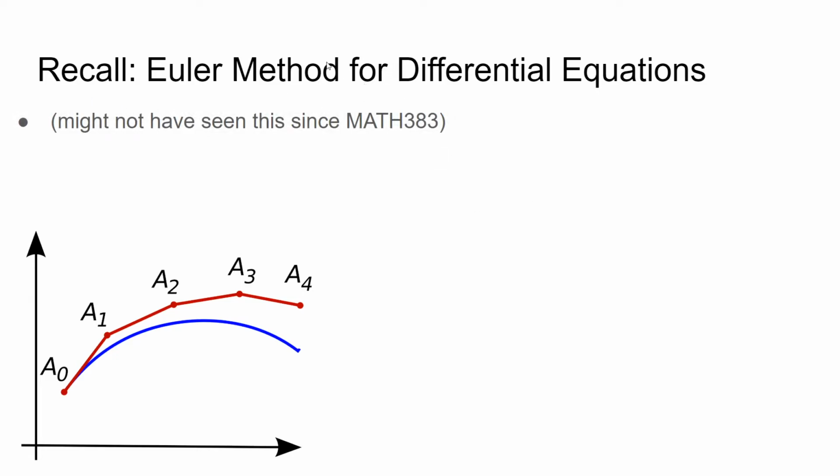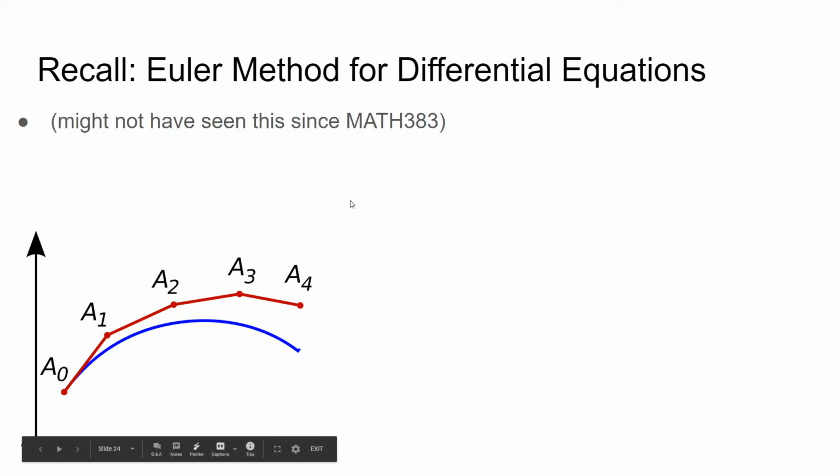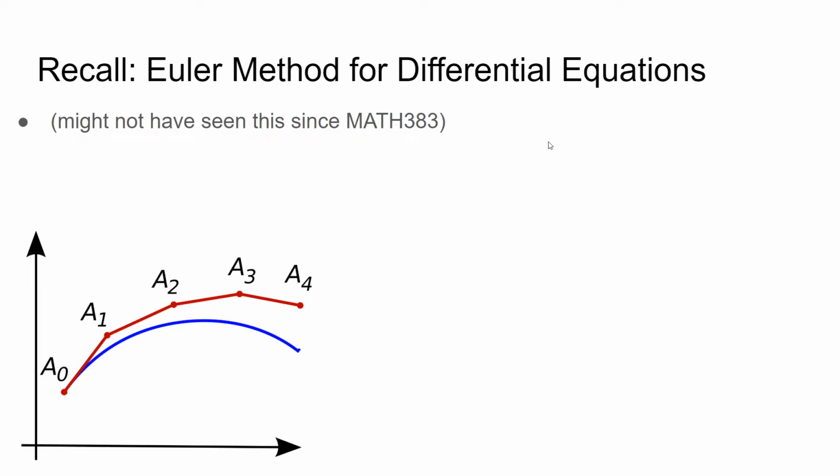So before we move on to the next topic, you might have not seen this in a very long time, but you might recall the Euler method for making predictions about differential equations, like basically trying to predict what a function will look like.